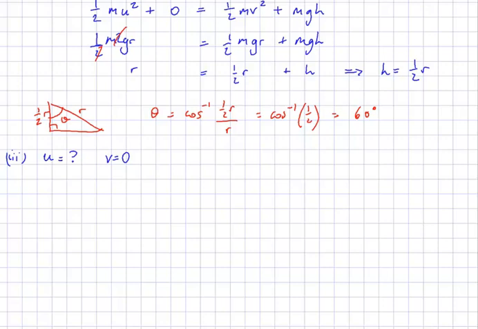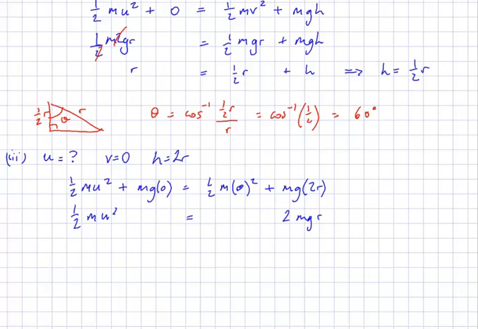I suppose technically, if we have it exactly right, it will literally just stop right at the top and not go anywhere. How far has it traveled? Well, vertically, it's traveled the diameter of the circle, so 2 lots the radius. So the height reached is 2r. And lo and behold, we're going to do the same process again, write out the energy equation.